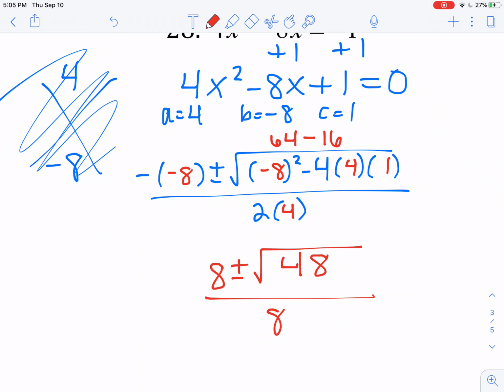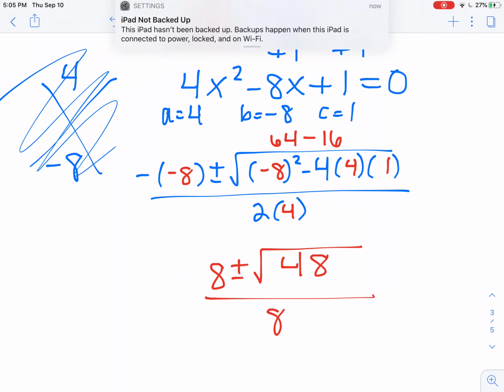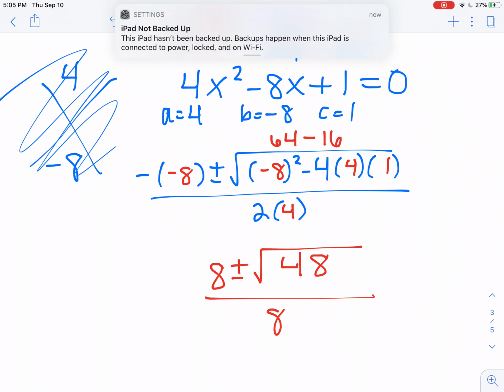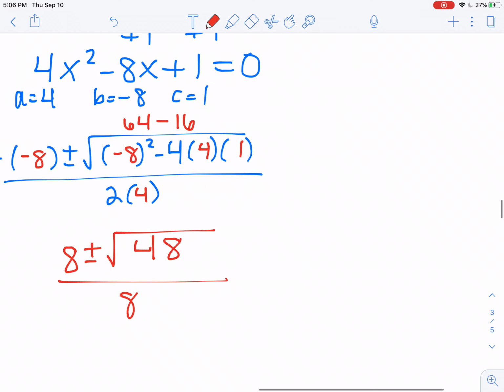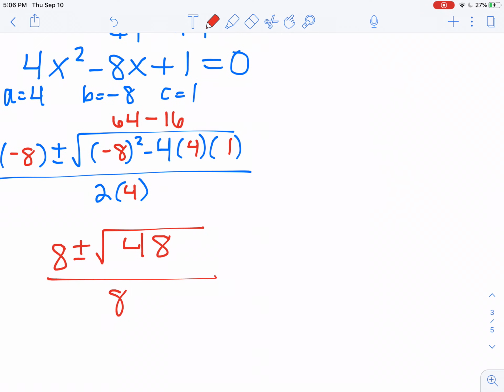Next thing I want to do is see if I can simplify the radical. So, is 48 a perfect square? No. Is 48 divisible by a perfect square? Yes. 48 is divisible by 16. So if you don't remember simplifying radicals, over here we got the square root of 48.